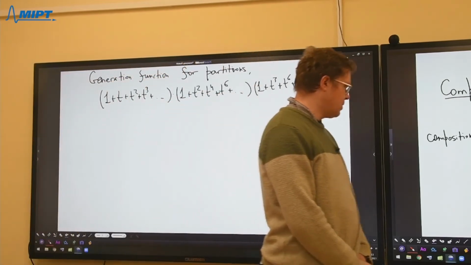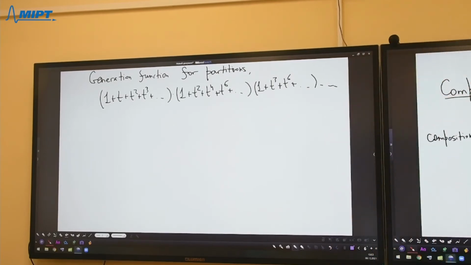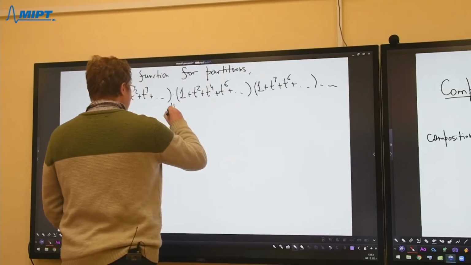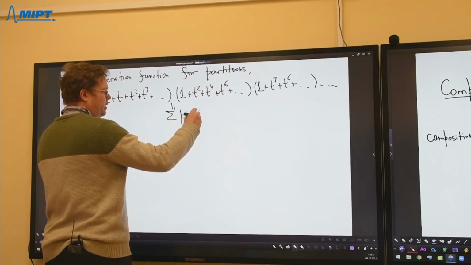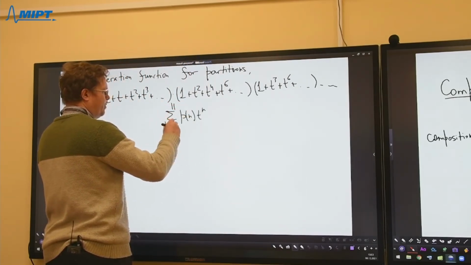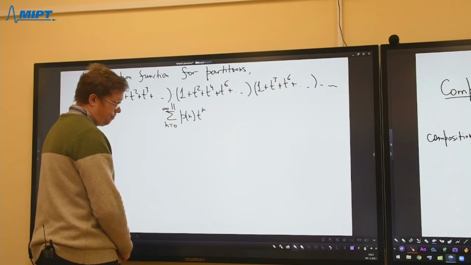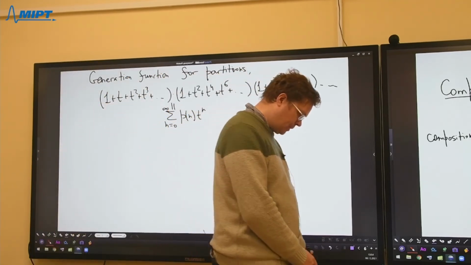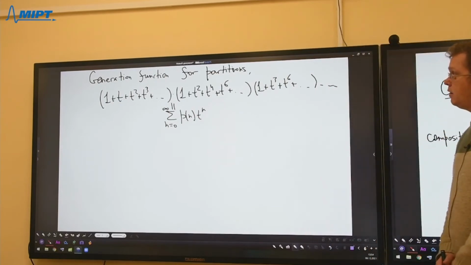I want to prove that this is a generating function for the number of partitions. So this is the same as the sum of p of n t to the power n from 0 to infinity. Why is that so?